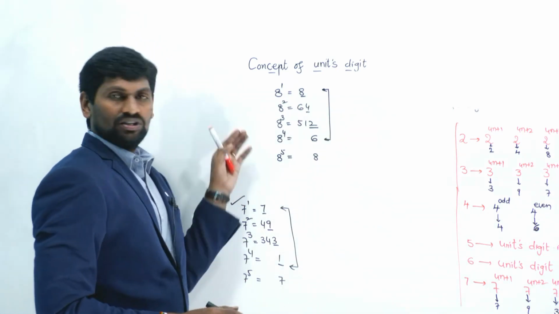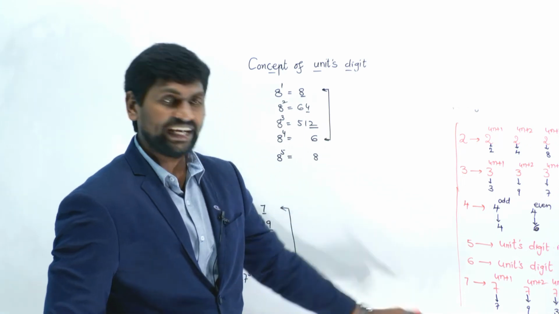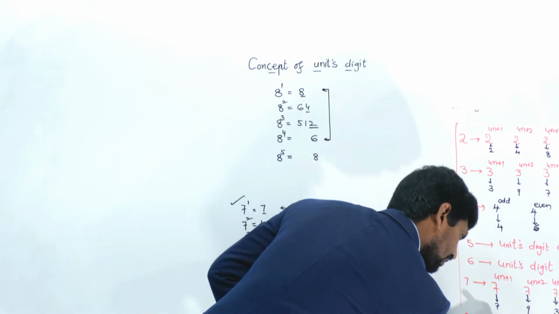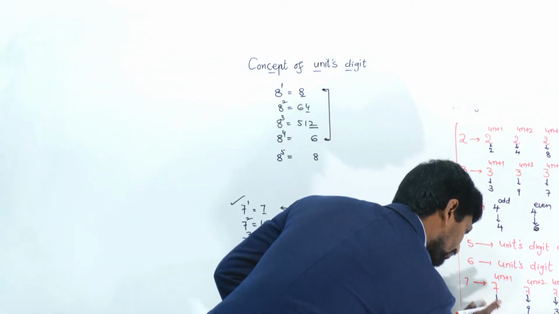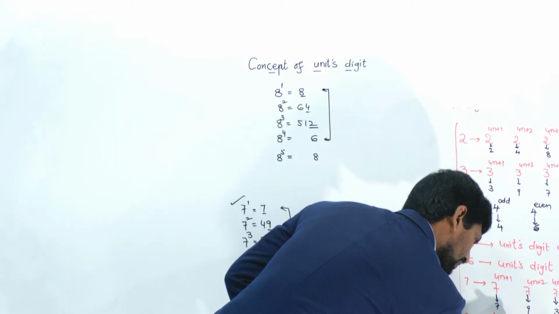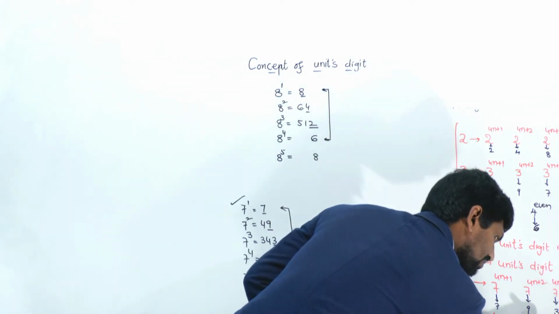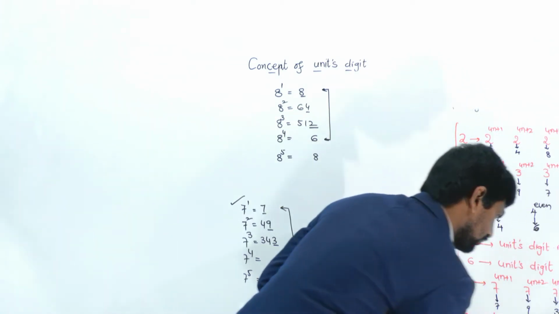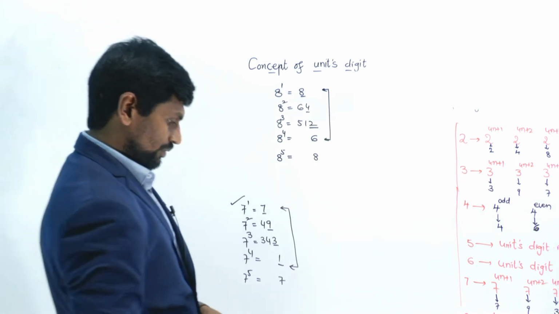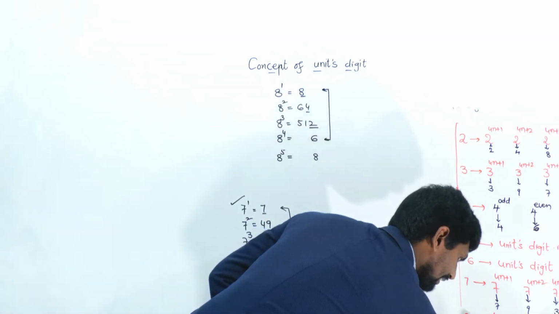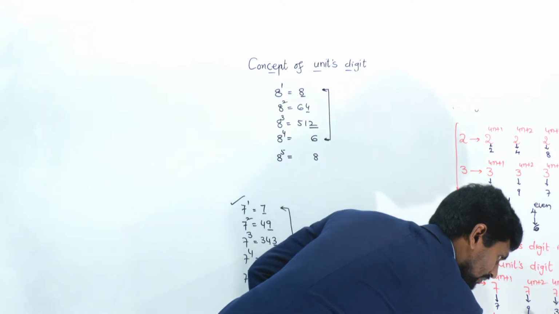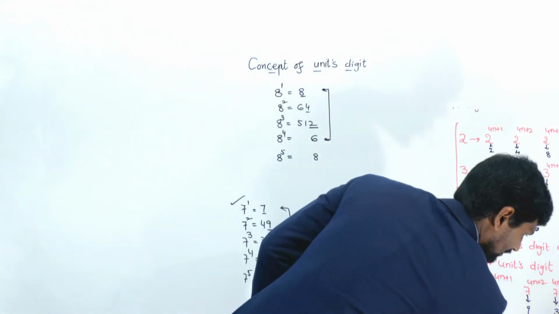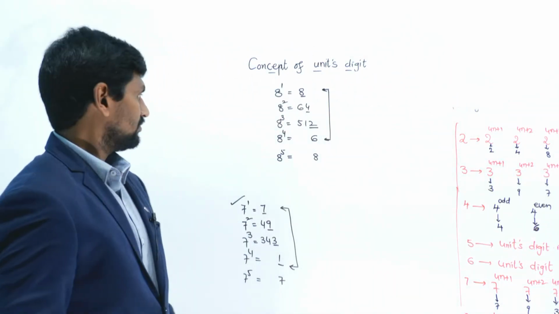Like 2, 3, 7, 8 repeat for every 4 terms. So 8 power 4n plus 1, 4n plus 2, 4n plus 3, 8 power 4n plus 4 or 4n. First one ends with the digit 8, then 4, 2, and the last one ends with the digit 6. Okay?